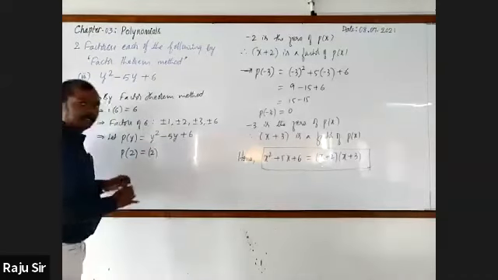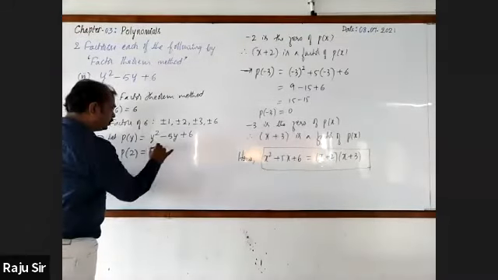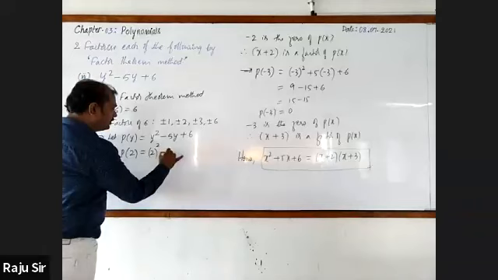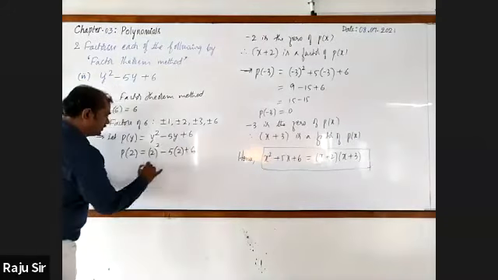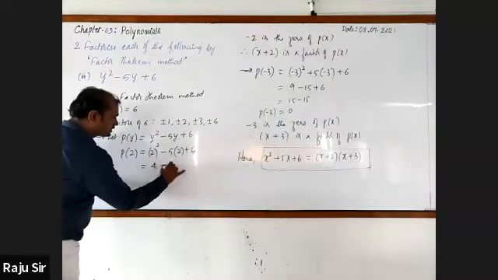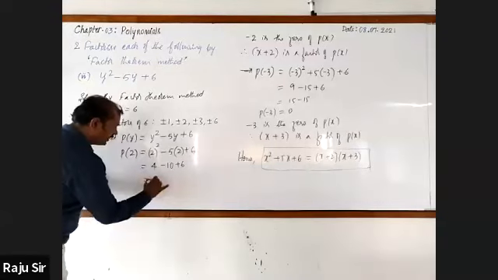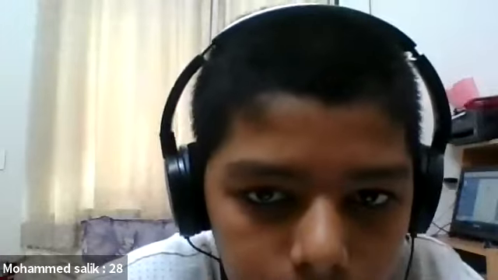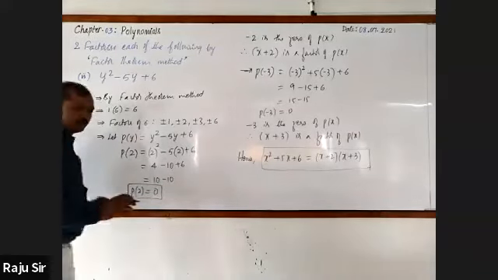Substitute 2 in place of y. 2 whole square minus 5 into 2 plus 6. It is 4 minus 10 plus 6. 10 minus 10, it is equal to 0. P of 2 is equal to 0.